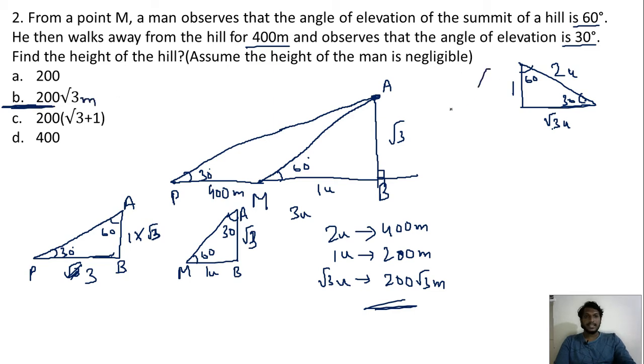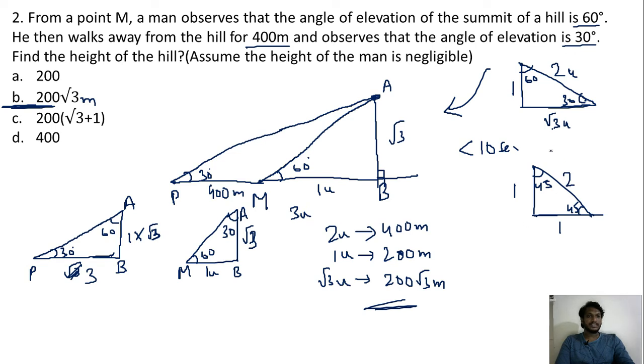If you understand this method, you can solve this question in less than 10 seconds. It is as simple as that. You have to remember the ratio of this triangle. See, if there is a right angle triangle with the other angles as 45 degrees, then the altitude is 1, the base is also 1, and the hypotenuse will be root 2.